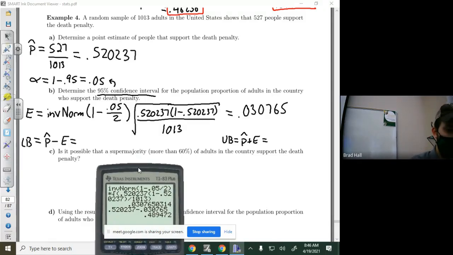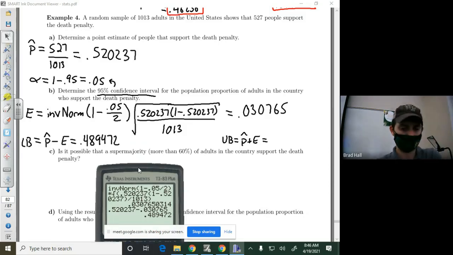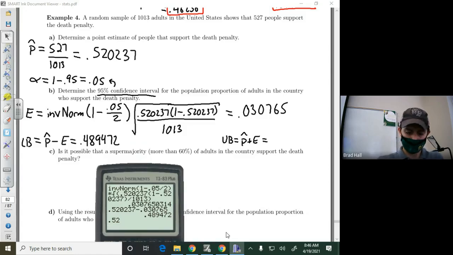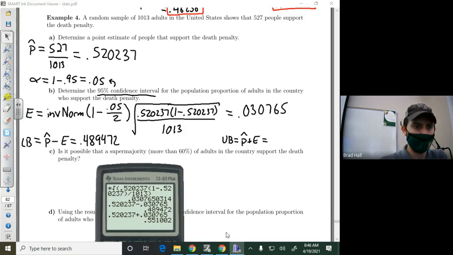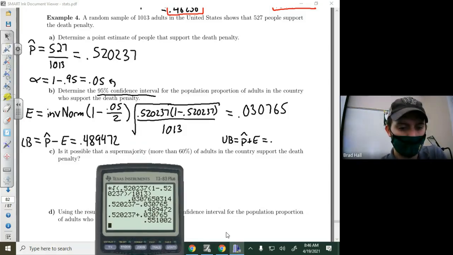Get the first one: 0.489472. Then 0.520237 plus 0.030765. And that helps us find the other one: 0.551002. They might ask you to round to 4 decimal places. I'll keep 6 just in case.